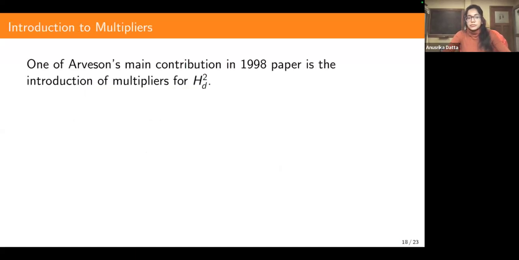Okay, let's move on to the multipliers. One of the main contributions of Arveson's 1998 paper is the introduction of the multipliers for the Drury-Arveson space.